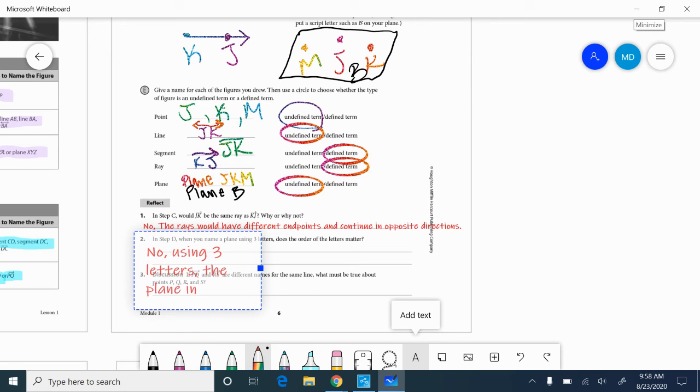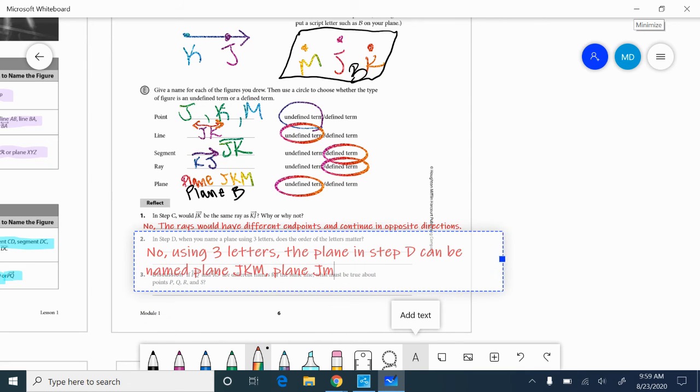The plane in step D can be named plane AKM, plane JMK, plane KJM, plane KMJ.